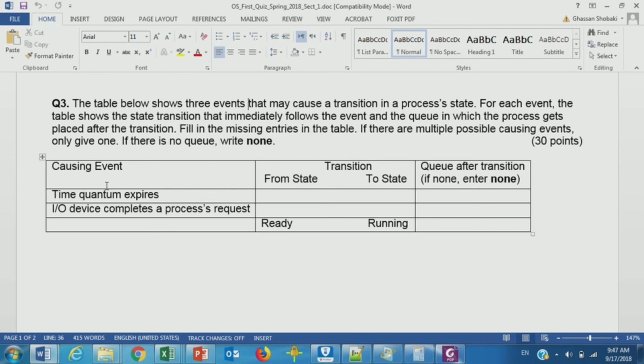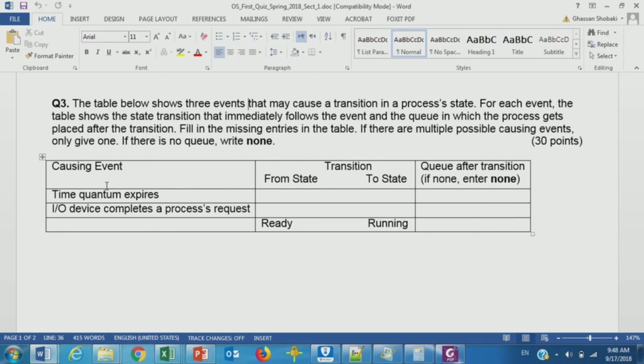When I did this, I looked at the second one, the I/O device completes a request. And I thought that the transition was for another process that was in the CPU. So you could be looking at that from considering a process in the CPU or the process that just completed in the I/O device. Ah, which process we are referring to? Yeah, exactly. I thought it's obvious that we're referring to the same process for which the I/O device completed processing an I/O request.